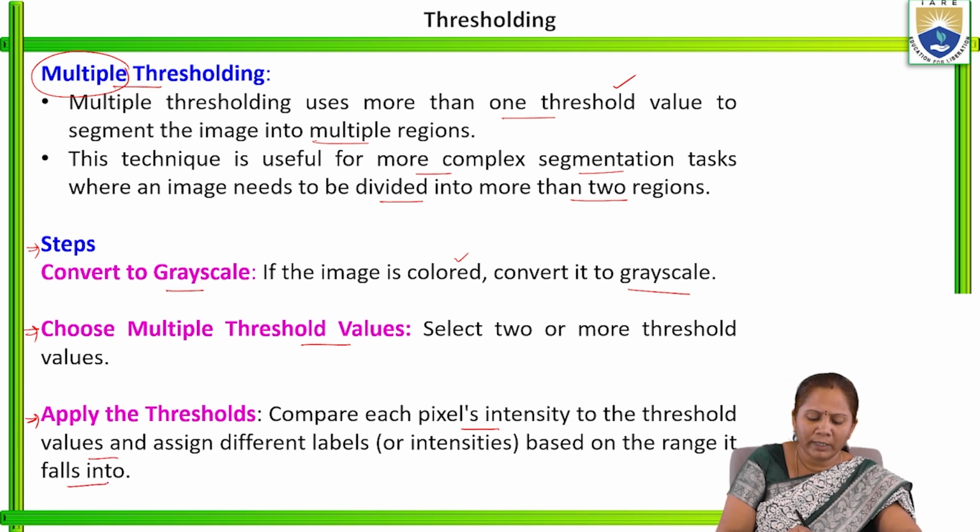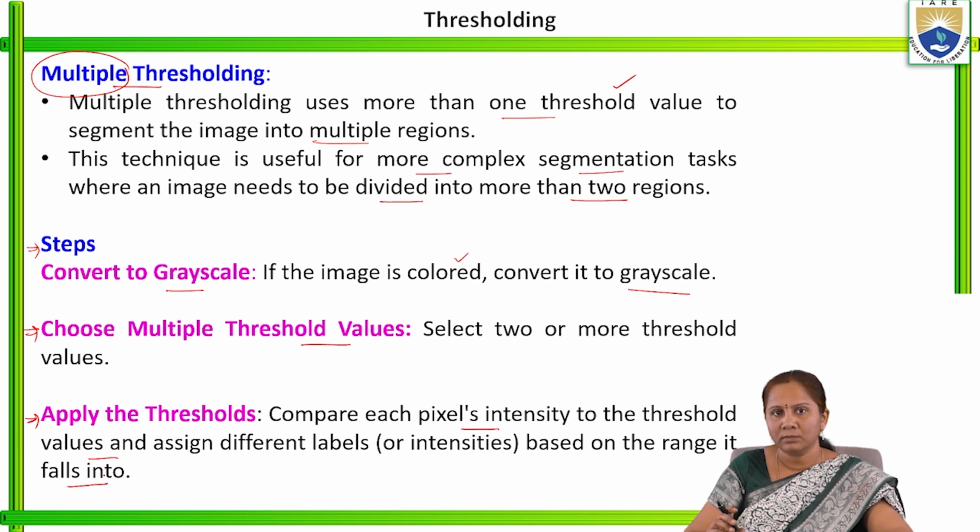After calculating the difference between the threshold value and the intensity value, the pixel will fall in a particular range and we denote it as 1, 2 or 3.